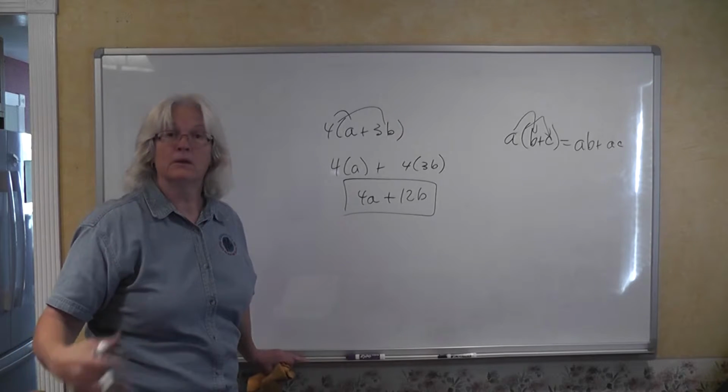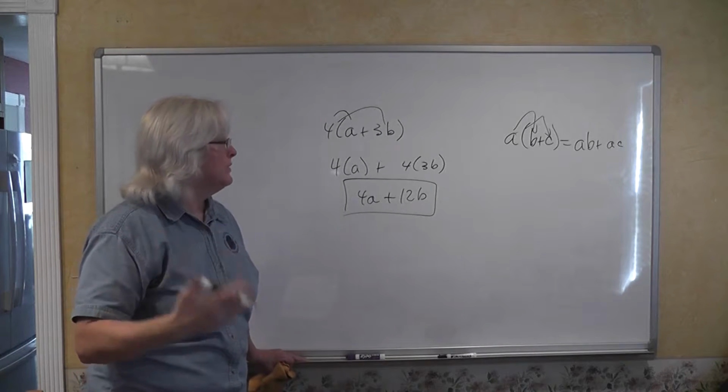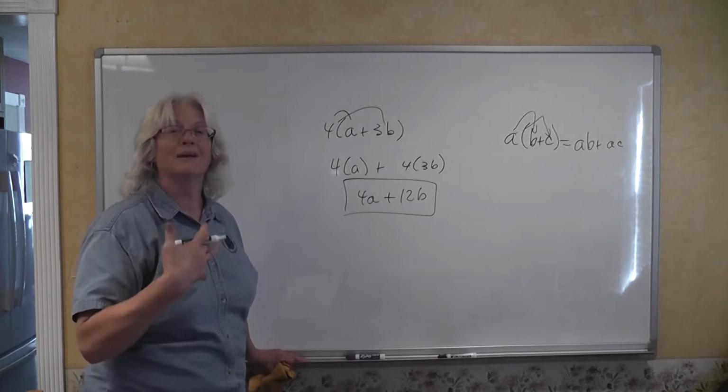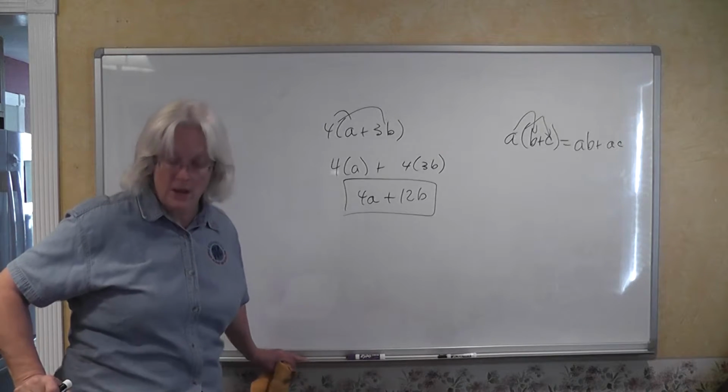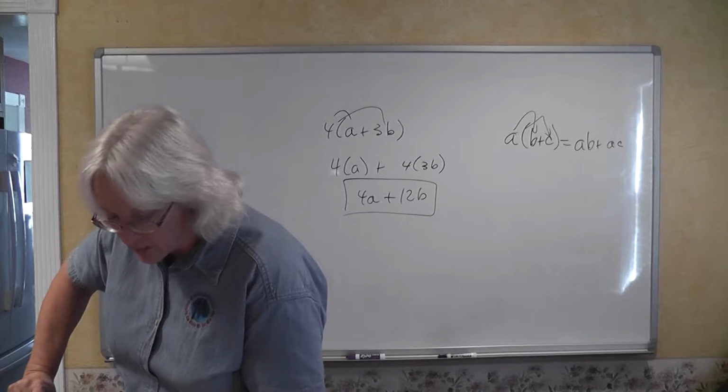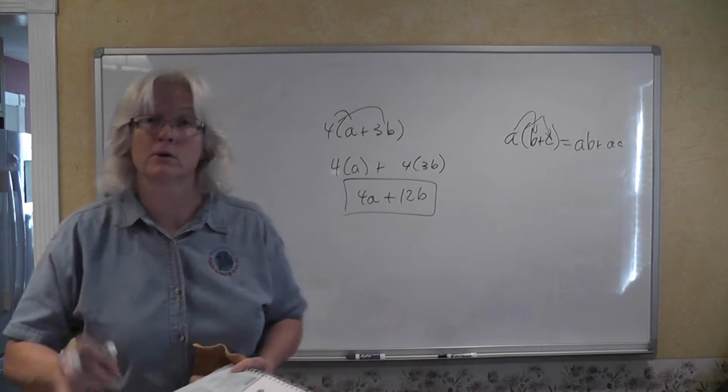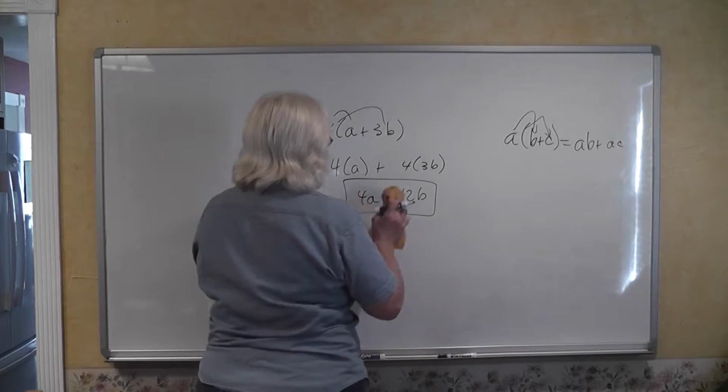This should be continued review for you, but you will use the distributive property constantly in every math class from here on out. So make sure that you are competent in applying that, particularly when you have negative numbers.